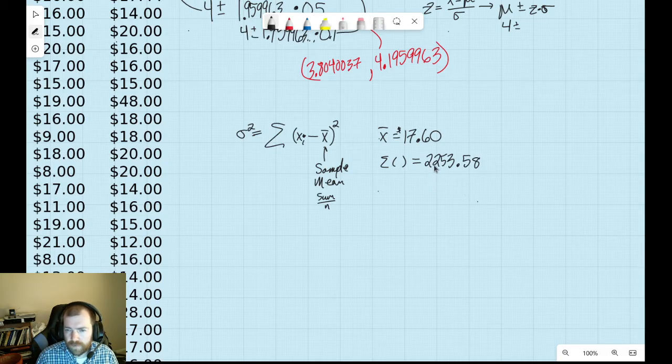Divide the 2253 by n. So this is going to be n times sigma squared.